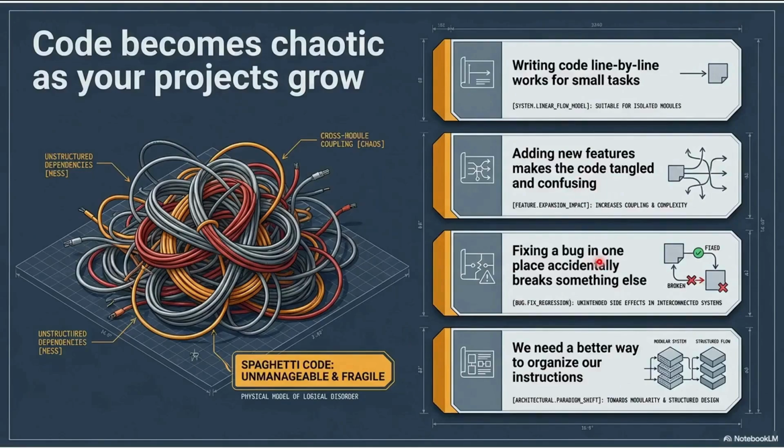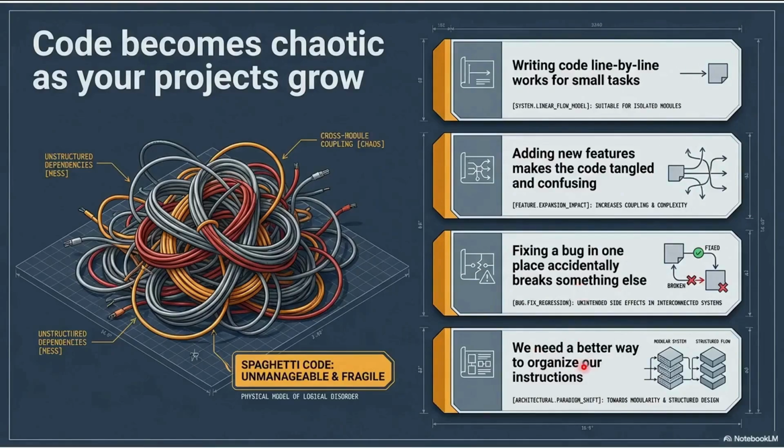Fixing a bug in one place accidentally breaks something else, and this is one of the major issues that previously, when there was no OOPS, people used to develop it and something goes wrong and then everything comes crashing down. This is what happens if it is not based on OOPS.